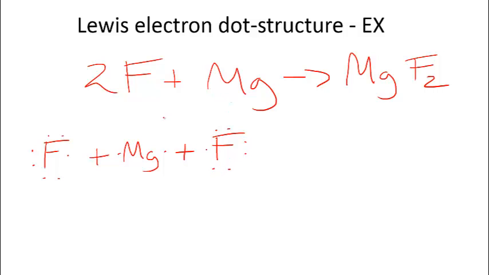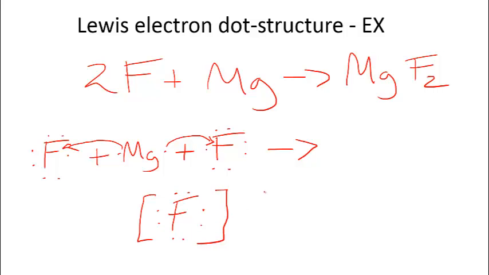and what's occurring is magnesium is donating its 2 electrons to each fluorine atom. The end result: each fluorine has gained an electron and now has 8 valence electrons.